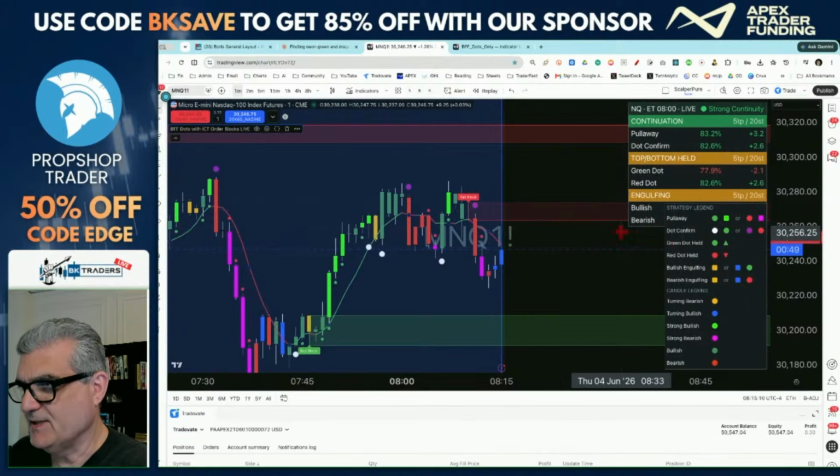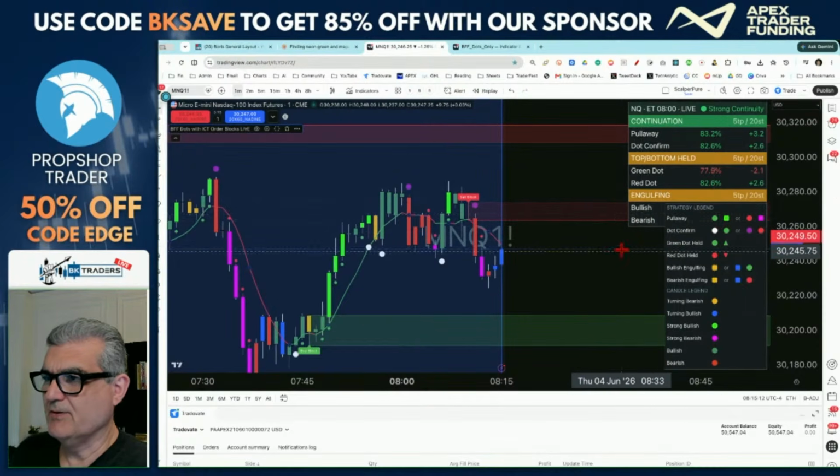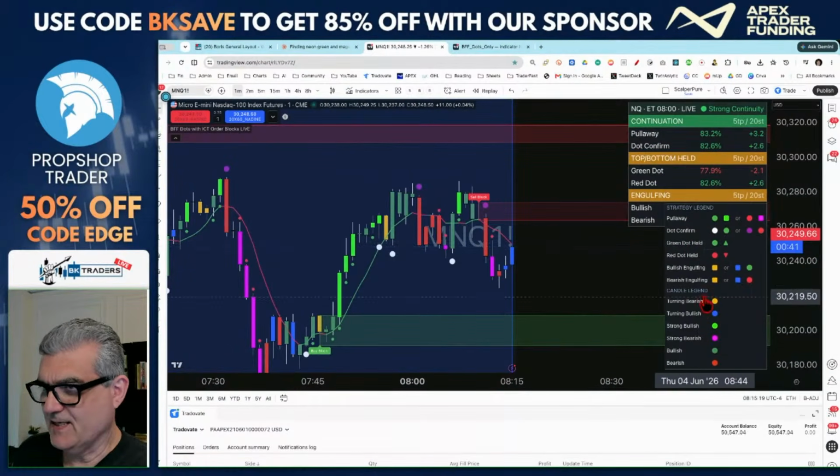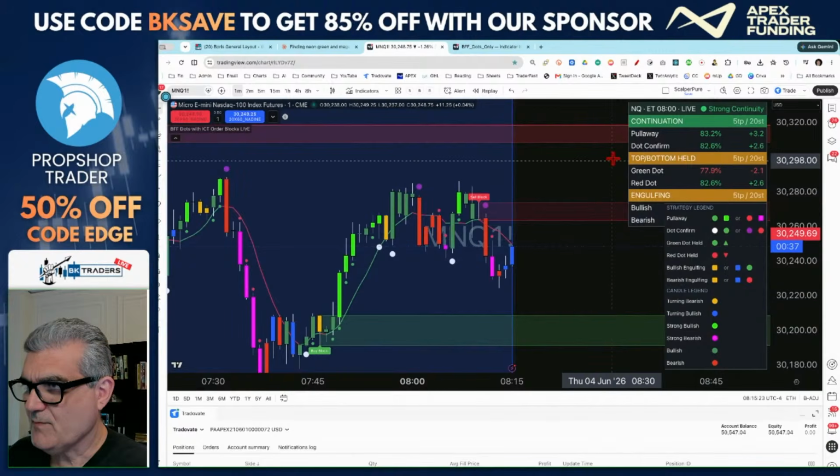Sorry, this is obviously encroaching a little bit on the engulfing and the bearish as far as the numbers go. I didn't realize that they kind of encroach. There's just so much stuff here.